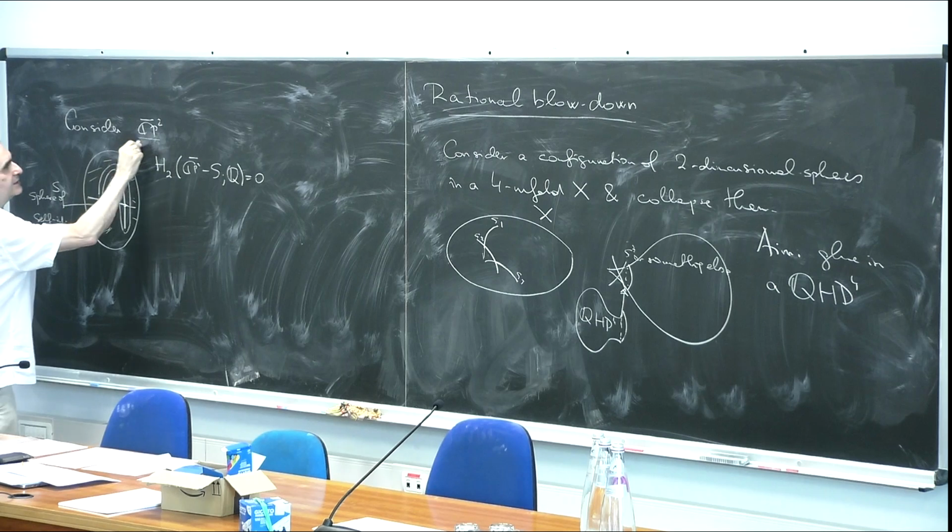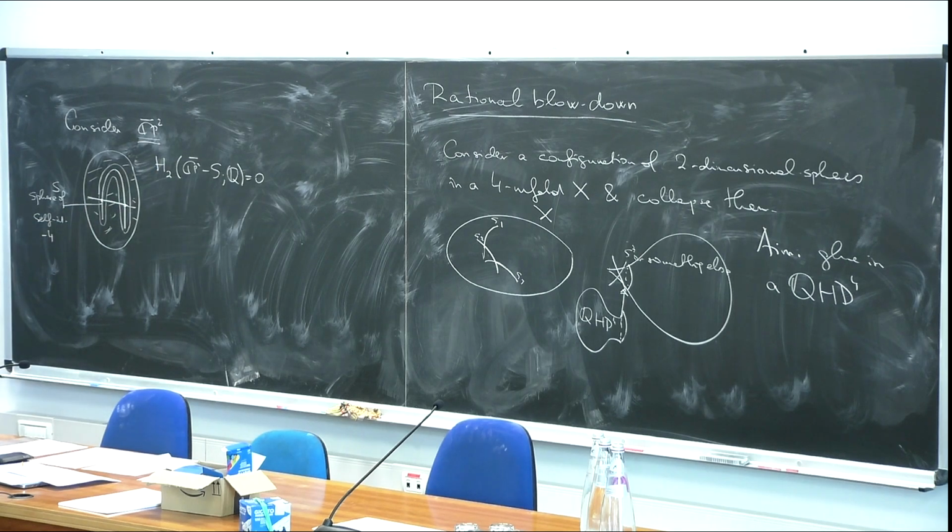Well, I'm working in CP2 bar, so the 2 intersections are both negative, but I can make a little trick. I take this line and I equip it with the opposite orientation. So this is the degree 2 curve with the usual orientation, and this is the line with the opposite orientation. So I have 2 positive intersection points.